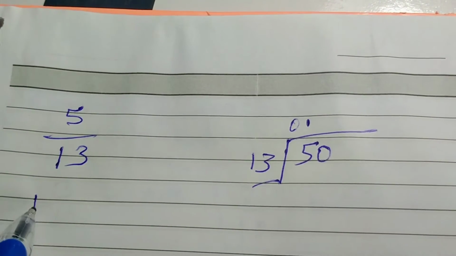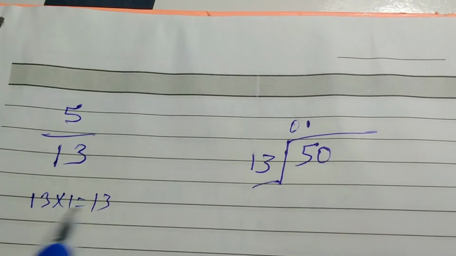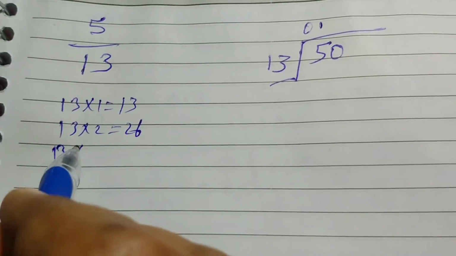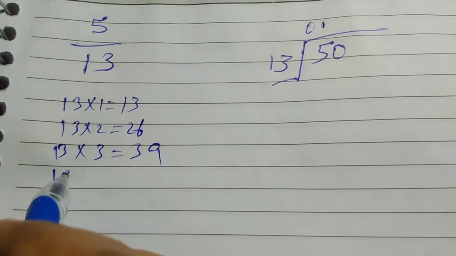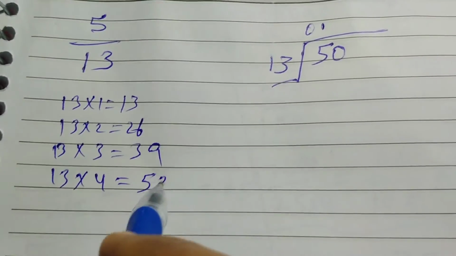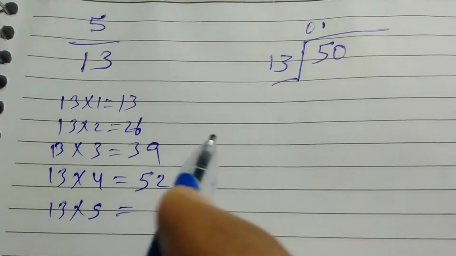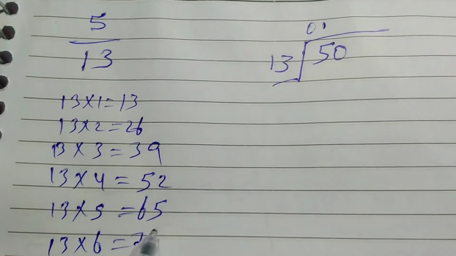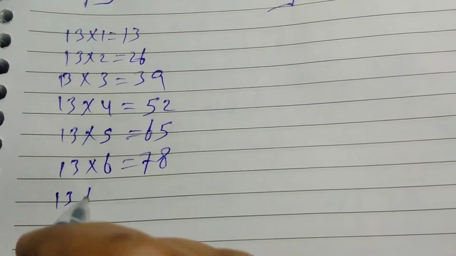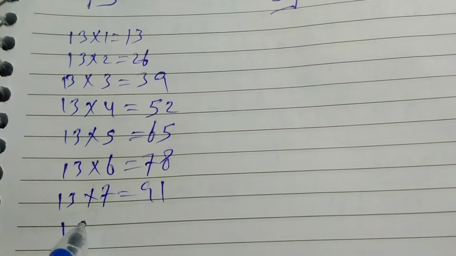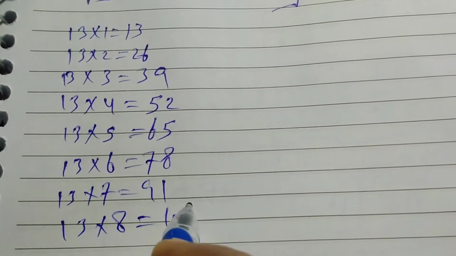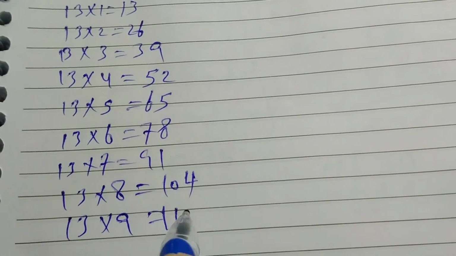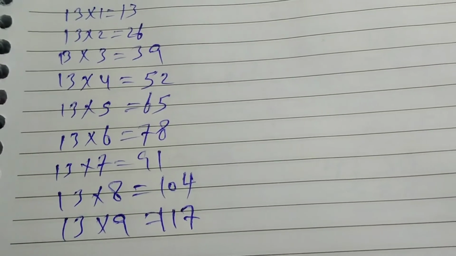For example, 13 times 1 equals 13, 13 times 2 equals 26, 13 times 3 equals 39, 13 times 4 equals 52, 13 times 5 equals 65, 13 times 6 equals 78, then again 13 times 7 equals 91, 13 times 8 equals 104, 13 times 9 equals 117, and 13 times 10, you know, it is 130.